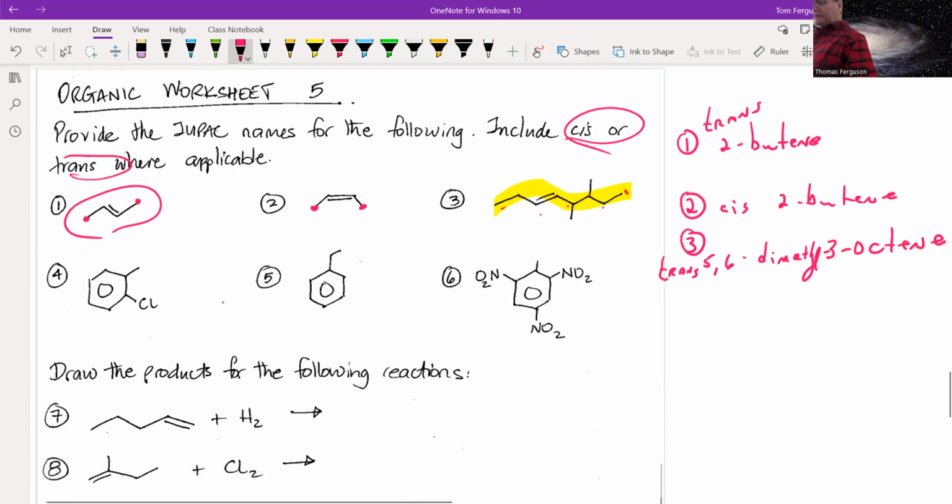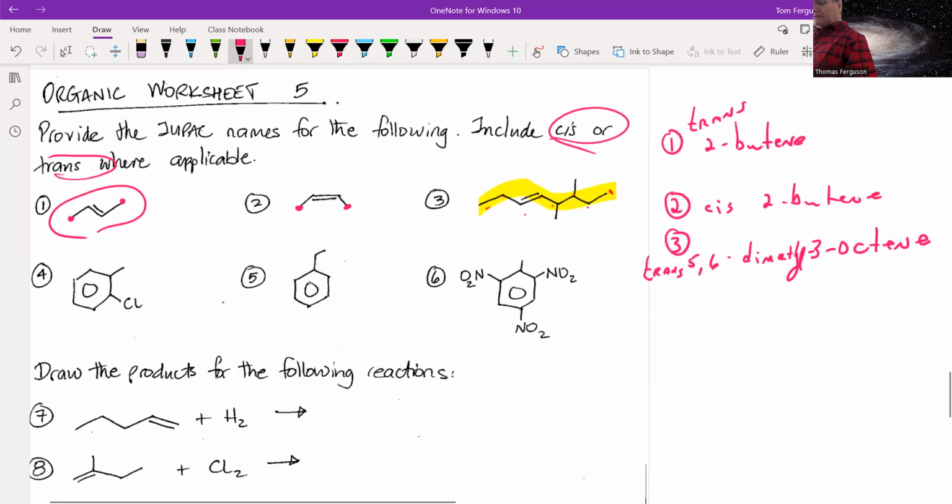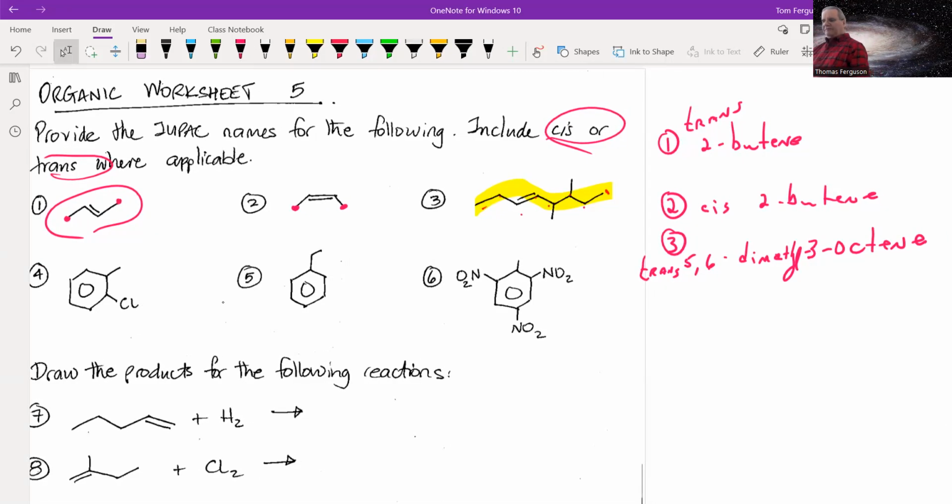Okay, on 4, 5, and 6 are benzene based. Now we talked very, very briefly about NO2 being nitro. That's a nitro functional group.